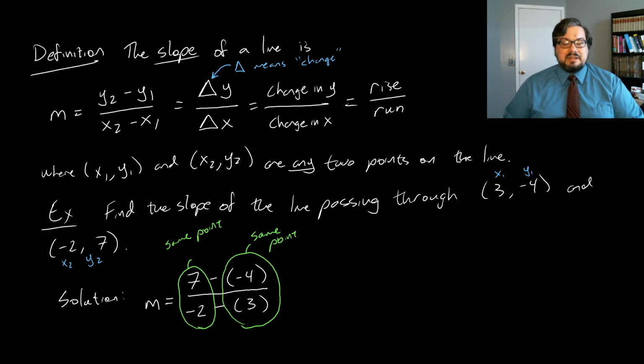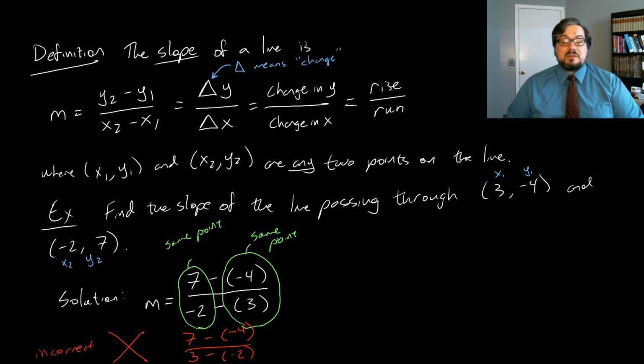And so we need to put 3, comma, -4, both together. In particular, the thing that you have to not do, so the following is incorrect, is split them up and have the 7 come first on the top, but the 3 come first on the bottom.